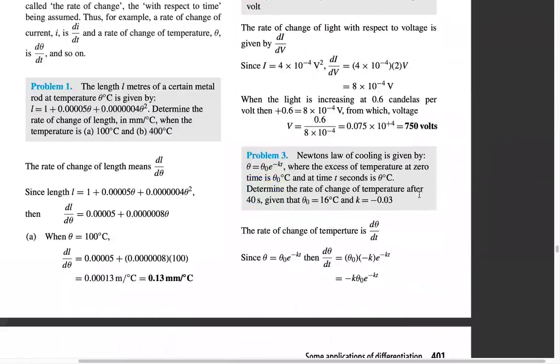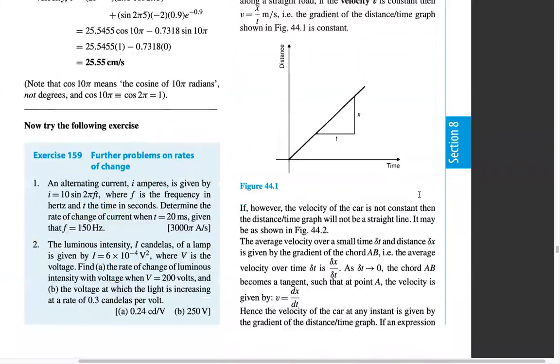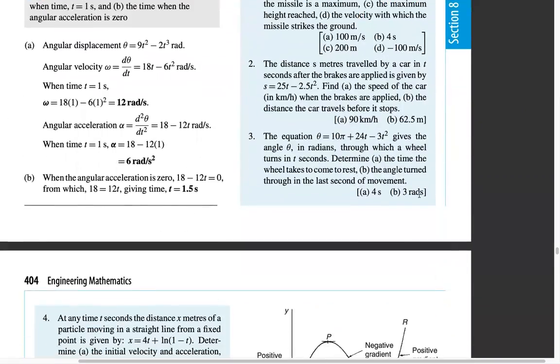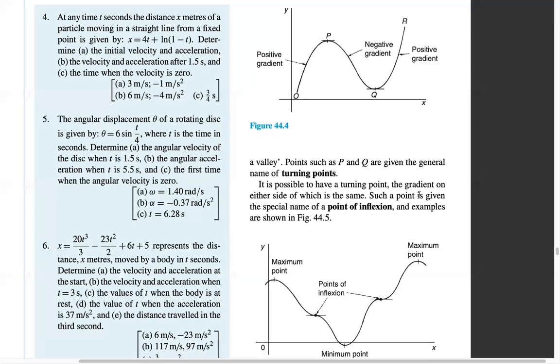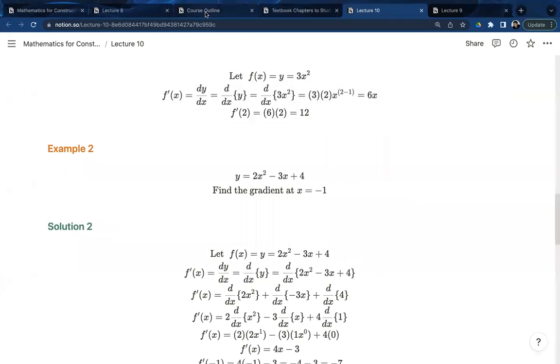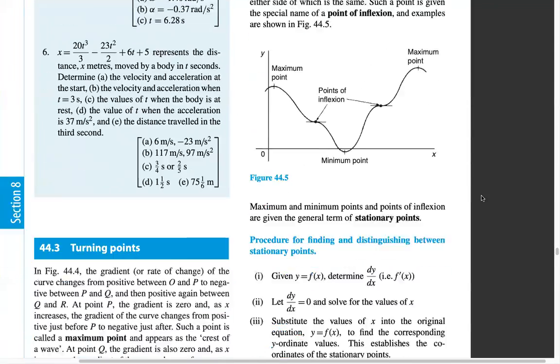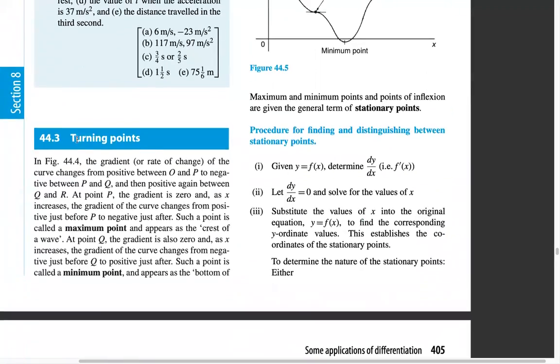This is where we actually solve problems in calculus, rate of change problems, right? So I urge you all to start reading these chapters here. We're really going to be specifically interested in maximum and minimum points. We'll do integration after, but for differential calculus, we want minima and maxima, and that is where this section comes in, turning points.